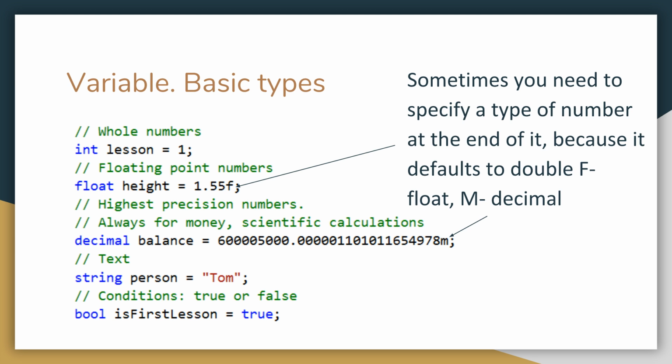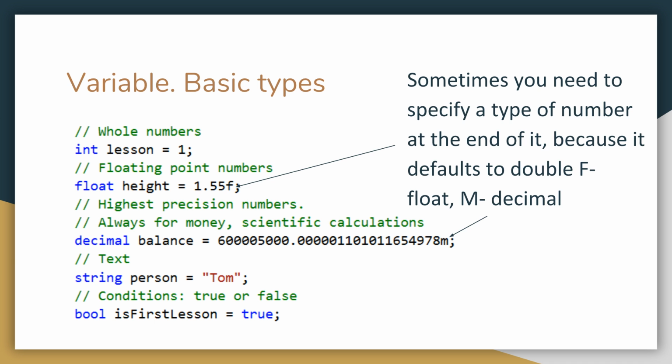But when you care about precision, you have to consider using decimal, because losing a fraction once won't matter that much, but when you do it millions, billions, trillions of times, it accumulates to a really noticeable loss, and that's why people use decimal for financial or scientific calculations.